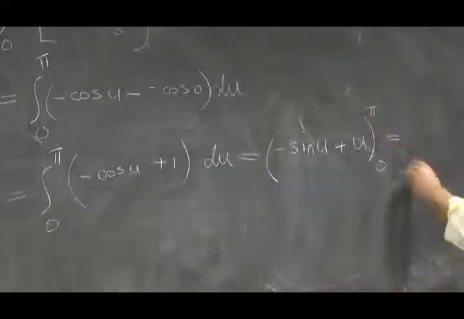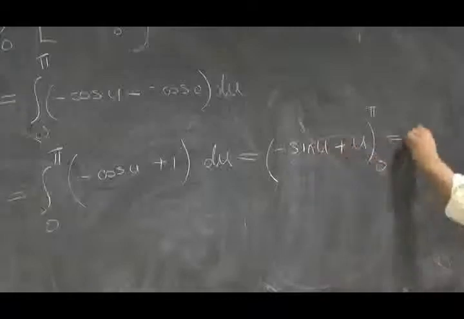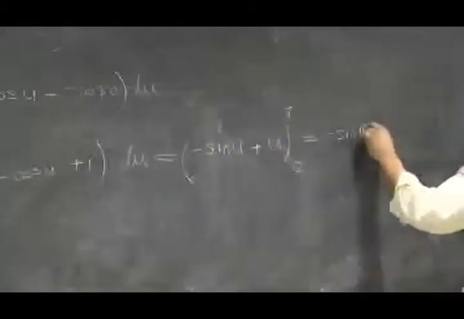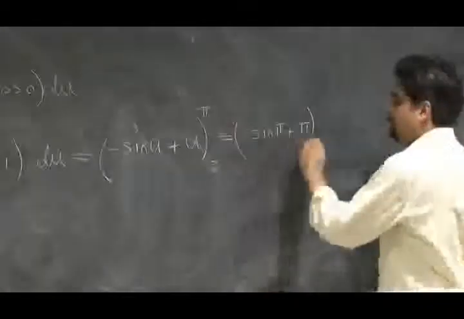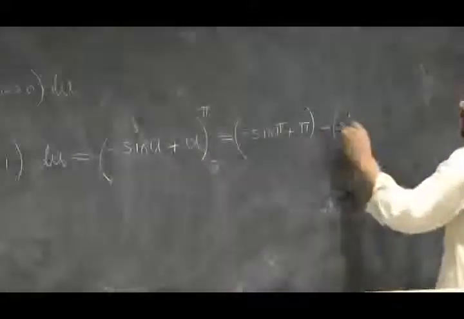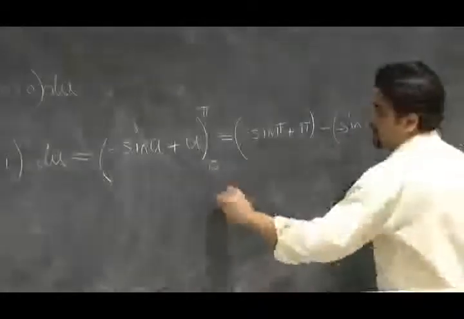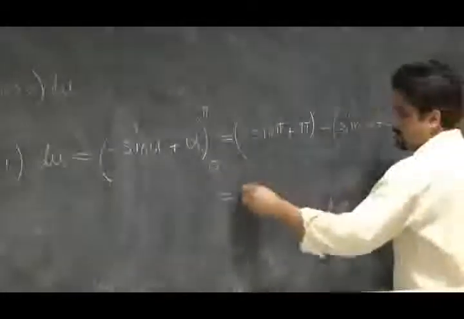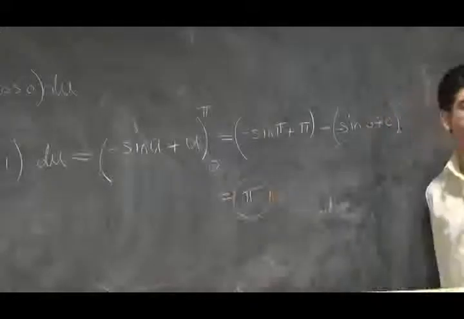So that tells you you want to evaluate this at pi minus, you want to evaluate this at 0. This is just 0. Sine pi is 0, so the answer is pi.